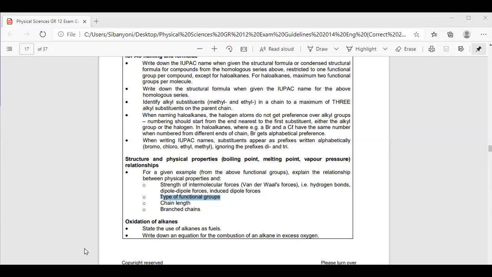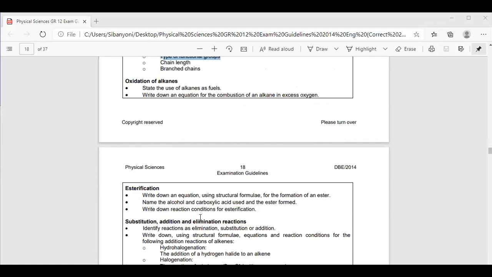Furthermore, my dear learners, we will look into organic reactions. Now, when we look at organic reactions, we are going to look at how alkanes react. We will look at how alkanes react and the type of reactions that alkanes can undergo.